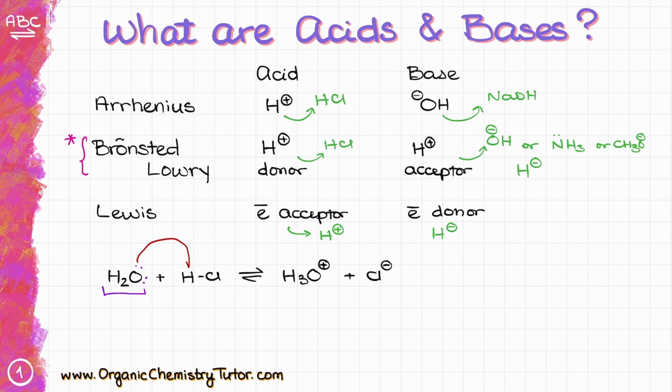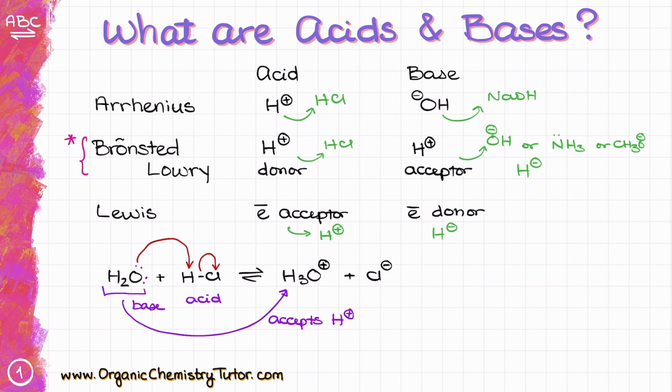The electrons from the oxygen are going to go to the hydrogen, and then hydrogen is going to break off from the chlorine. Since water is the acceptor of the proton, water is going to be our base. Likewise, since HCl is going to be the donor of said proton, HCl here is going to be an acid.